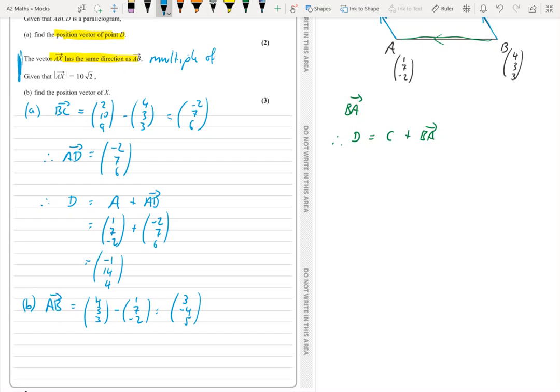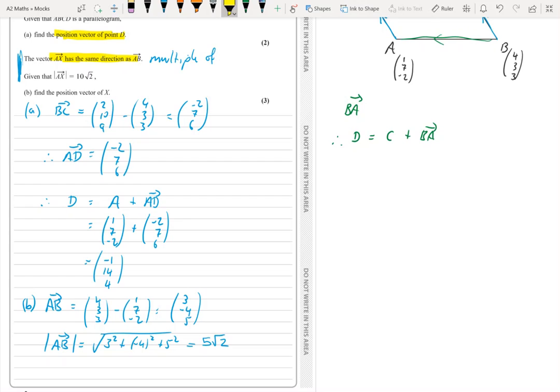Okay, now the next bit of information we were told is about the magnitude of AX. So let's just check what's the magnitude of this vector already. So you have to do Pythagoras on its components, 3 squared, and negative 4 squared, and 5 squared in the calculator, and it turns out that that has a magnitude of 5 root 2, which fits nicely actually.